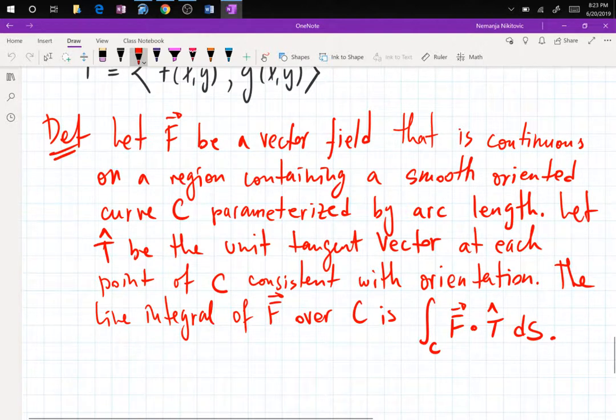So for the circle, for instance, if you have the regular parametrization, which is cosine for x and sine for y, your vector T at pi over 2 would be pointing to the left, because the orientation is counterclockwise.